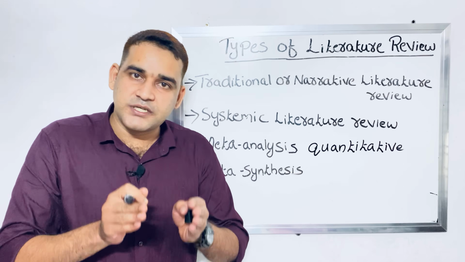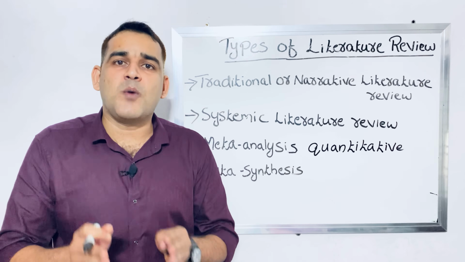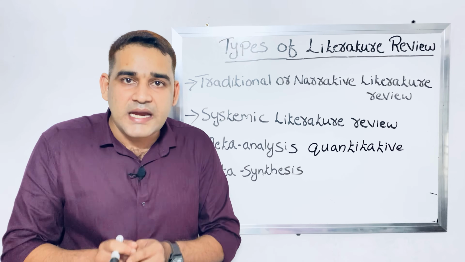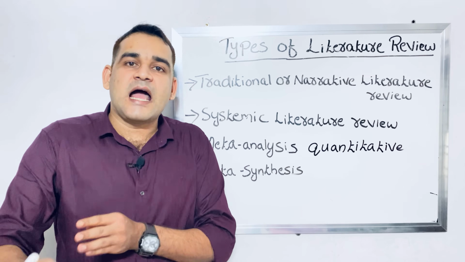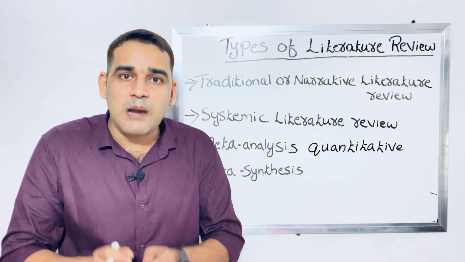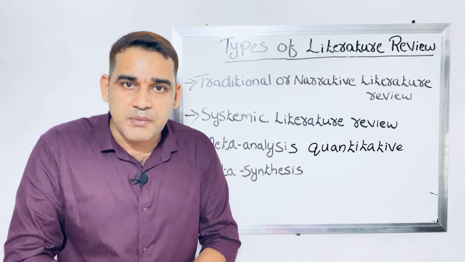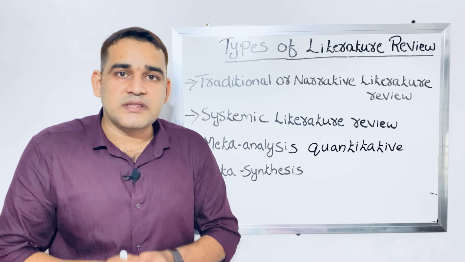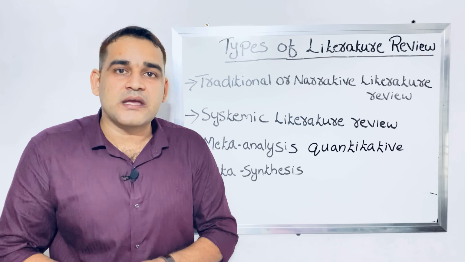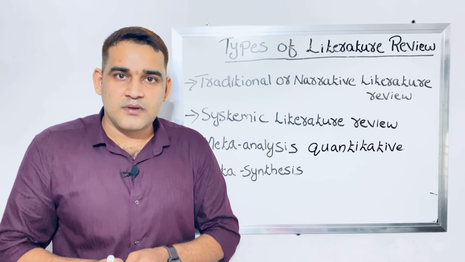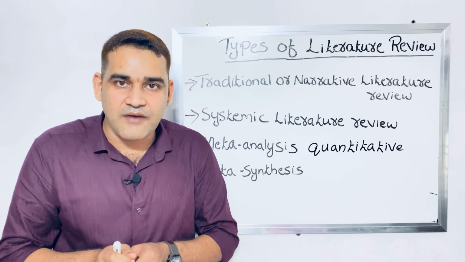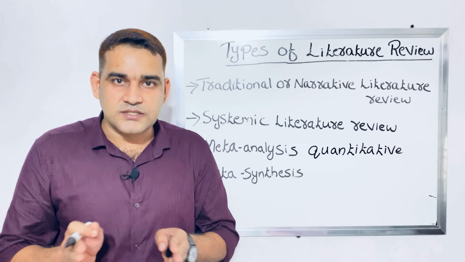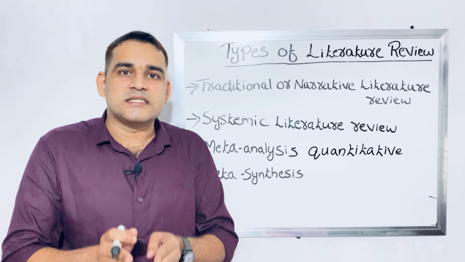For example, prevention of cancer. Many quantitative studies conducted on the same topic are combined and later statistically analyzed. With the help of statistics, we are making an analysis of whether the results have similarity or difference, or whether nearly similar results are there or not.